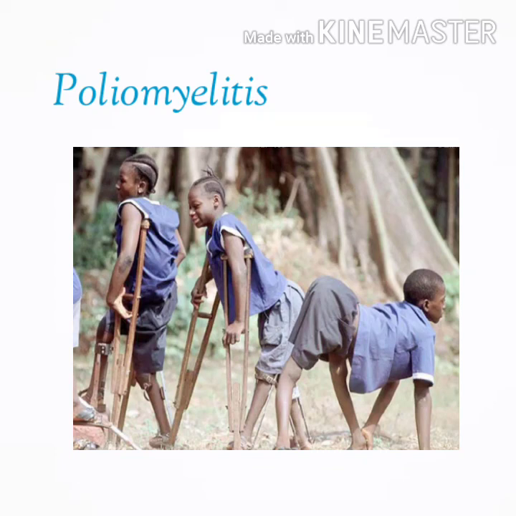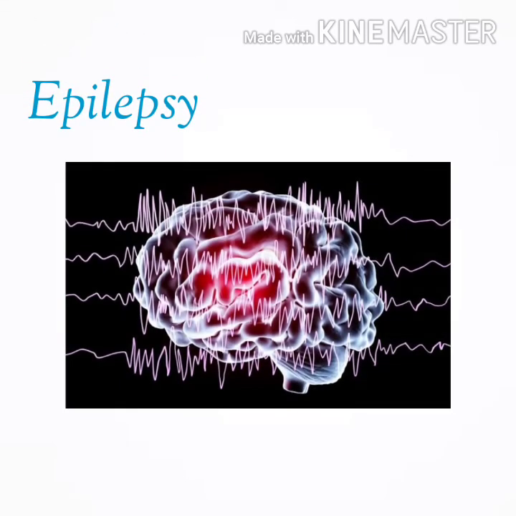So, polio can also be fatal if breathing or swallowing is affected. Next is the epilepsy. So epileptic seizures are caused by brain damage or an abnormal brain condition. So high fever, dehydration, poisoning, and meningitis can cause epilepsy.